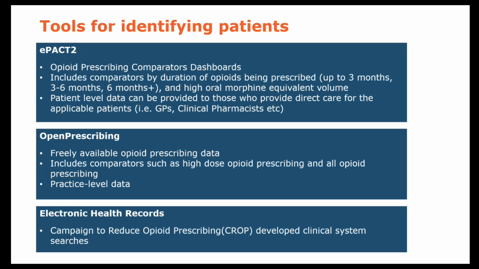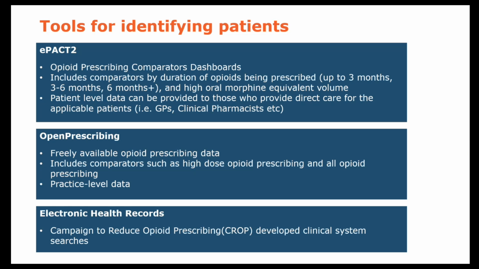EPACT-2 does require a registration to be completed to access it. There are different levels of data that are available. It can go down to patient level data, and that can be provided to those who provide direct care for the applicable patients. So for example, GP, clinical pharmacists, etc. The second source that we'll mention is open prescribing. That's freely available opioid prescribing data.